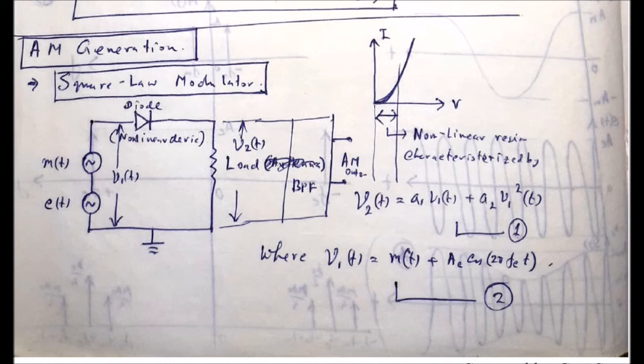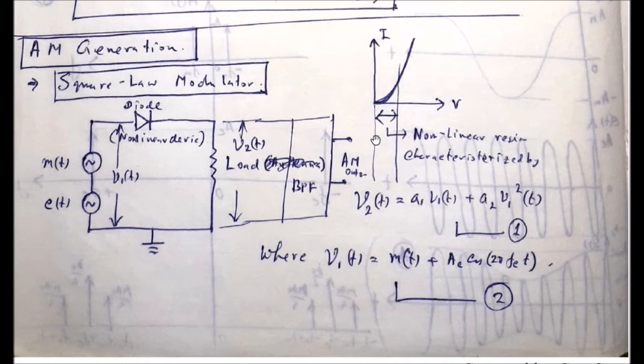So we have to utilize this nonlinear region or square law region. It is also known as the square law region because this nonlinear region can be represented by an exponential function, and by using the Taylor series expansion of this particular nonlinear graph, we can consider only the first term and the second term of the Taylor series.